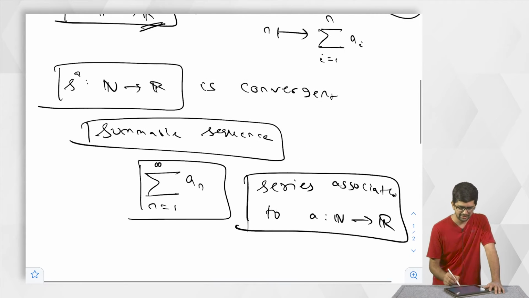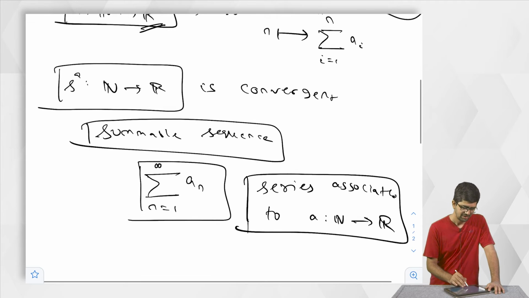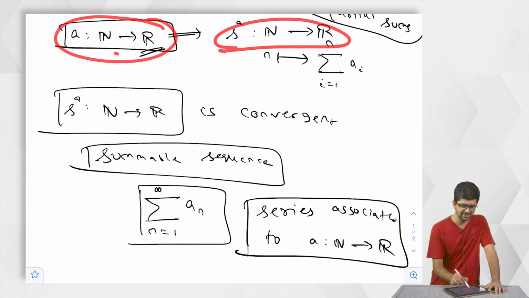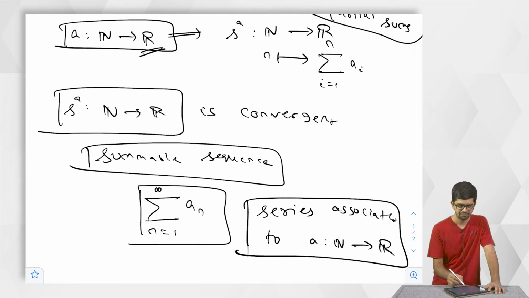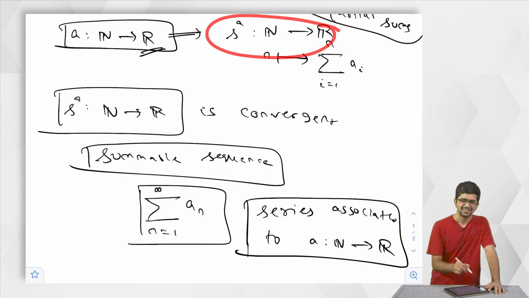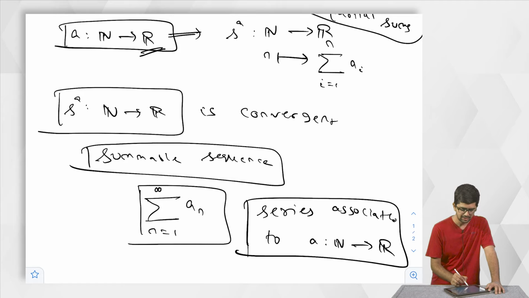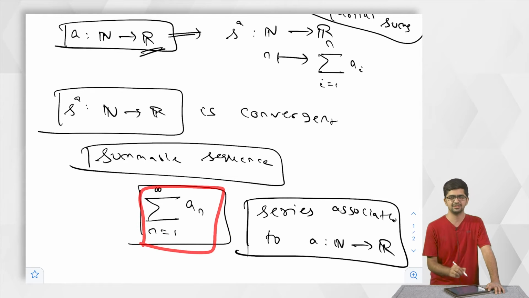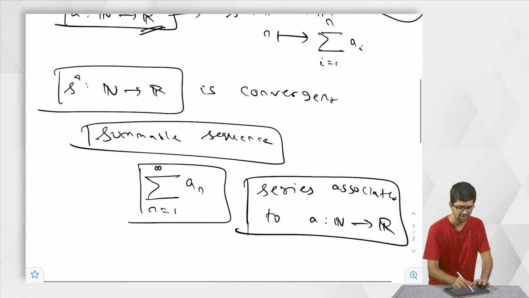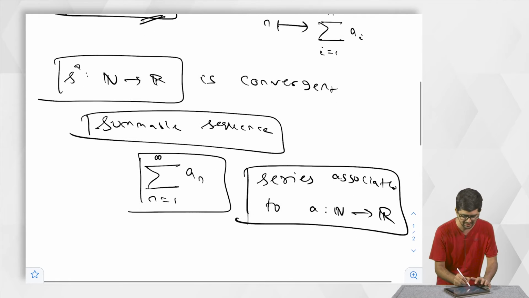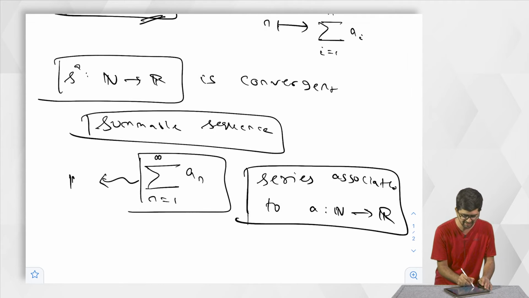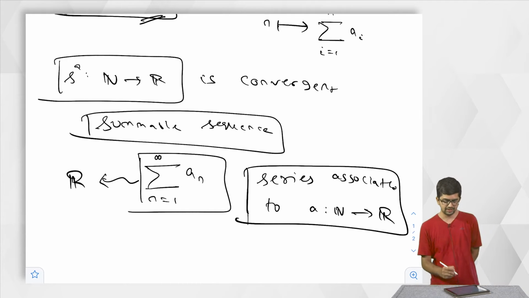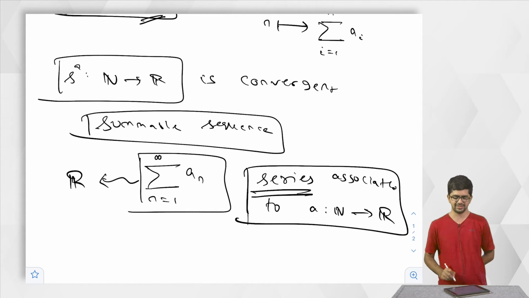You need to see the difference: A is a sequence, from it we produce another sequence SA, the sequence of partial sums. Then if this is convergent, the limit of that we call a series. So do not get confused: this is not a sequence, this is a series, a single element. A sequence cannot be a single element. This is an element of R. And as I said, this is called the series associated to the sequence A.